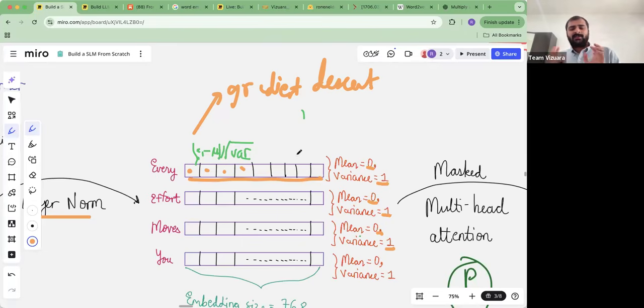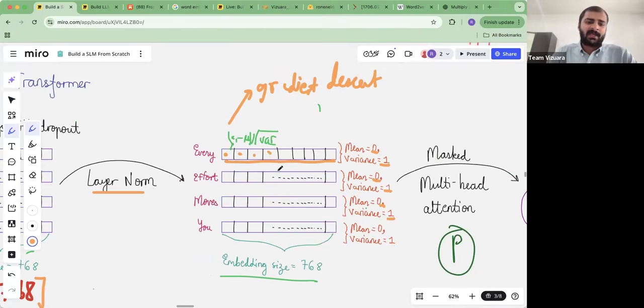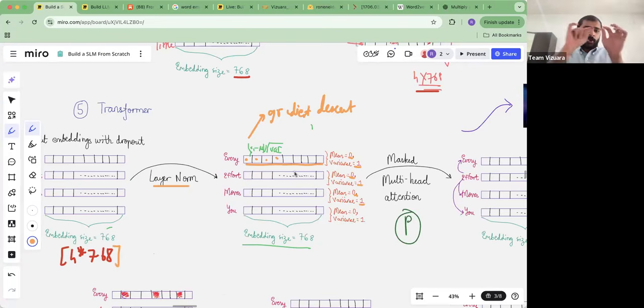Without normalization, sometimes when you backpropagate to the first layer, gradients become zero, and learning stagnates. Layer normalization has been shown to prevent that. If you don't know what vanishing gradient is, don't worry. For now, just keep in mind that layer normalization is done so that training becomes smoother and stable. When I say training, I mean we are going to tune all these parameters, right? That's why we do this layer normalization step over here.